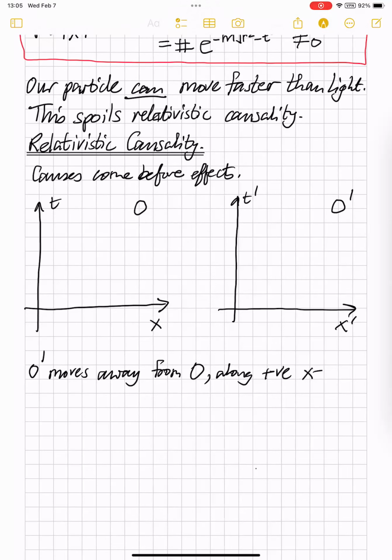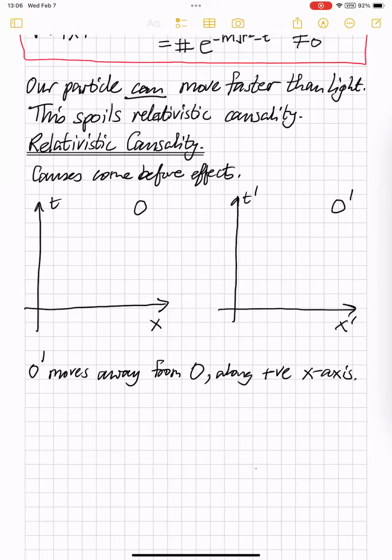So if you looked at the origin of O and O prime, they're not moving in the y direction, so y is equal to y prime. They're not moving in the z direction, so z is equal to z prime. I'm not showing the y and z directions now, but it is moving in the x direction. So the origin of O prime, as time goes on, gets further and further away from the origin of O.